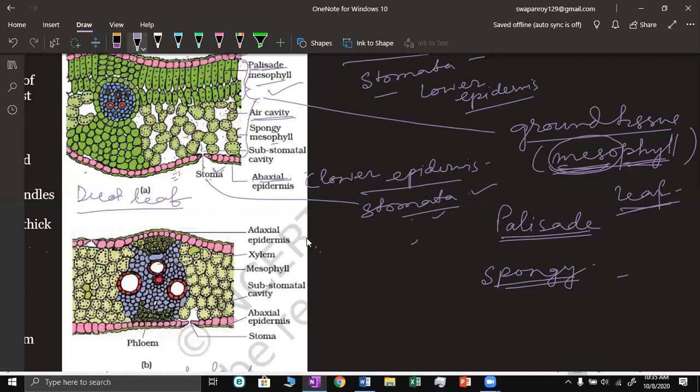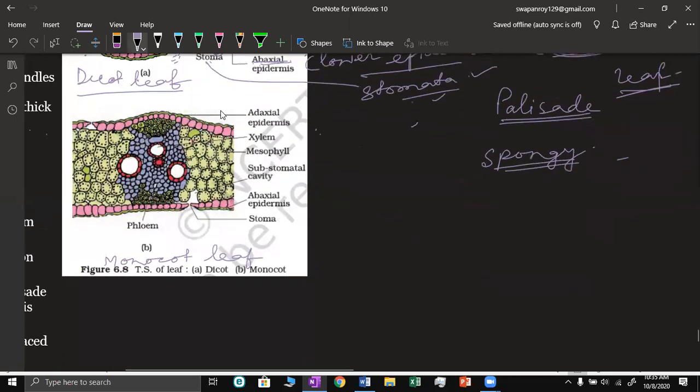This is the dicot. Monocot leaf is slightly different from the dicot. In the monocot, what happened? Monocot leaf is also known as isobilateral leaf.